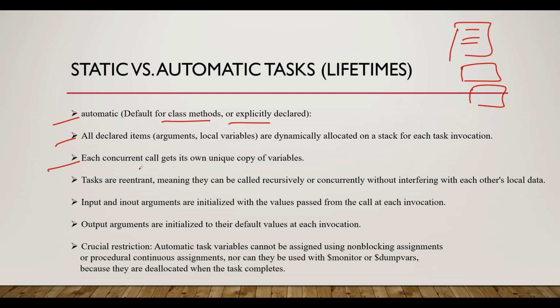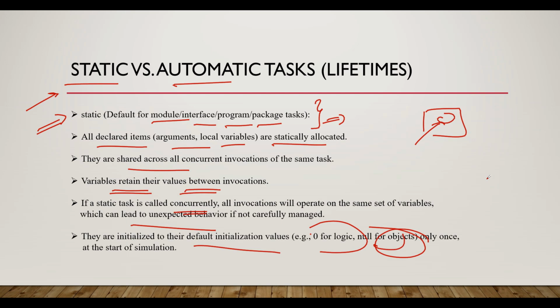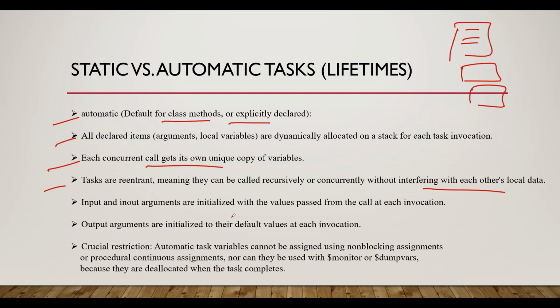Each concurrent call gets its own unique copy of the variables. So automatic tasks are reentrant, meaning they can be called recursively or concurrently without interfering with each other's local data. As we saw in static, concurrent invocation leads to unexpected behavior, but that will not happen in automatic because each call creates its own unique copy.